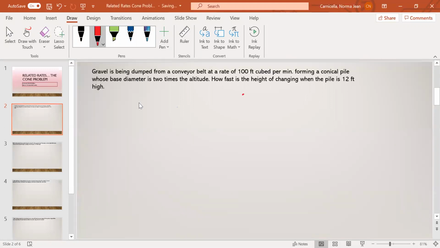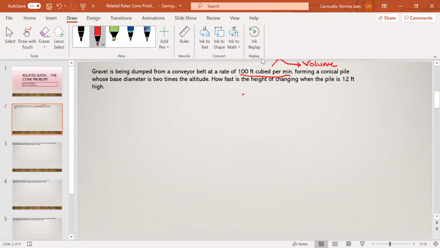So right away, I'm thinking this is telling me that we're dealing with volume. How do I know that?